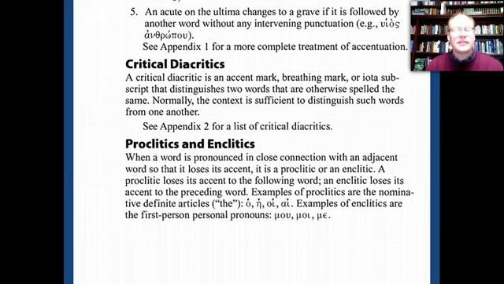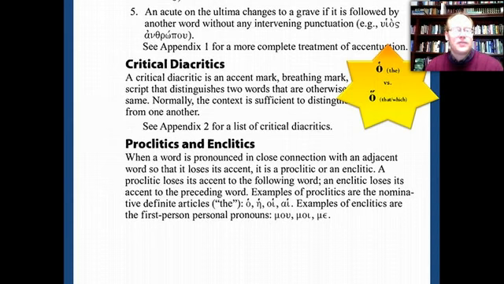Normally the context is sufficient to distinguish such words from one another. One example is the word the, O, and the word that or which, O. They're both pronounced the same, whether in a Erasmian or reconstructed Koine pronunciation. The only difference is the acute accent that occurs on the form O, which means that or which.